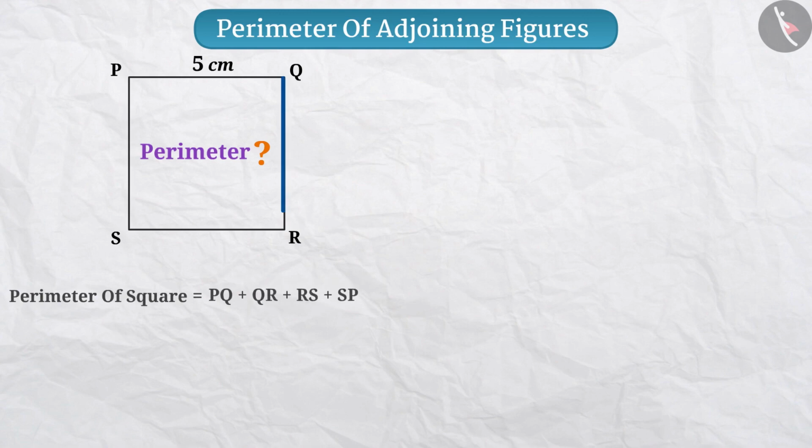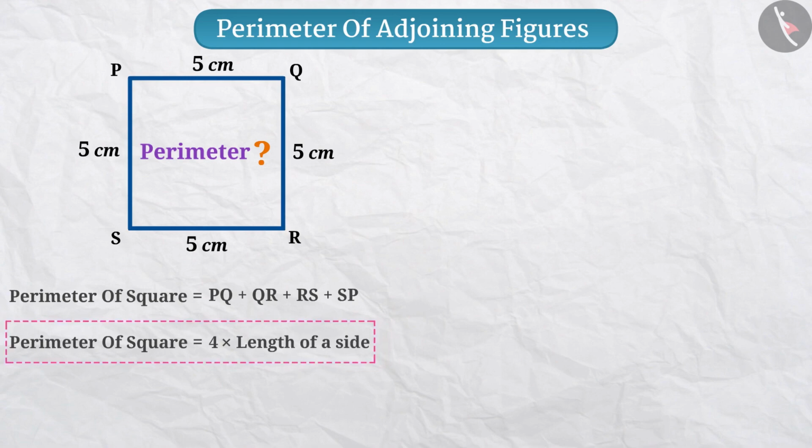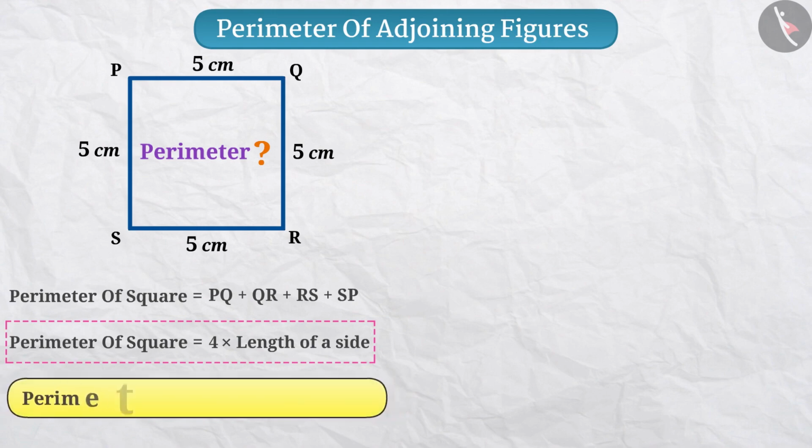But all the sides of a square are equal. So, the perimeter of the square is 4 multiplied by the length of a side. If you know the length of the side of a square, then by using this formula, you can find the perimeter of that square. In this way, the perimeter of square PQRS will be 4 multiplied by 5 cm is equal to 20 cm.